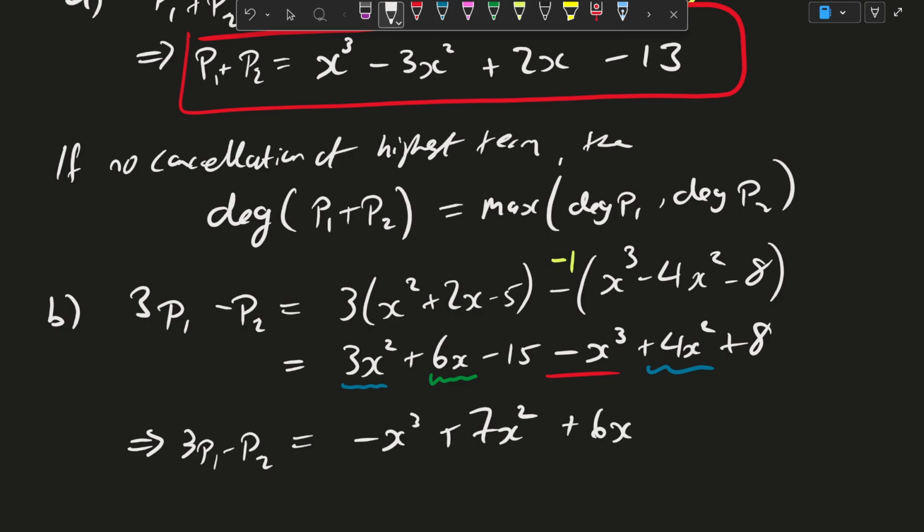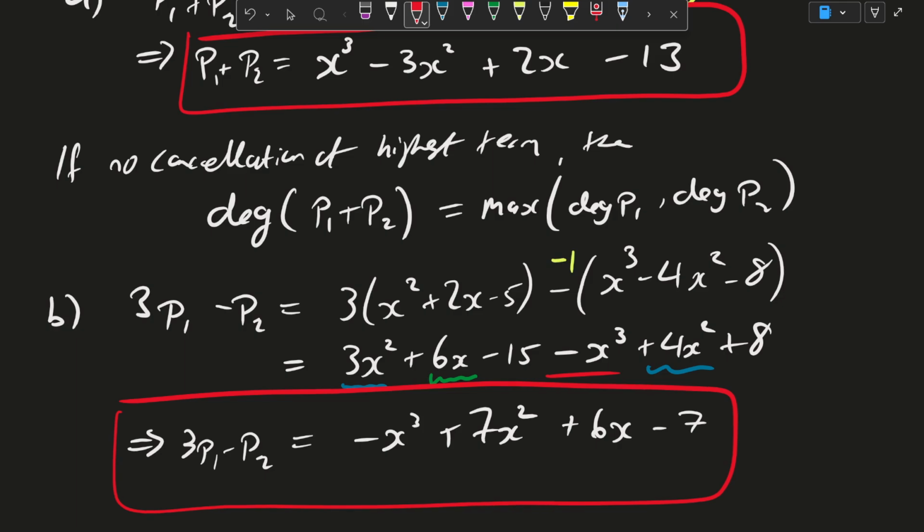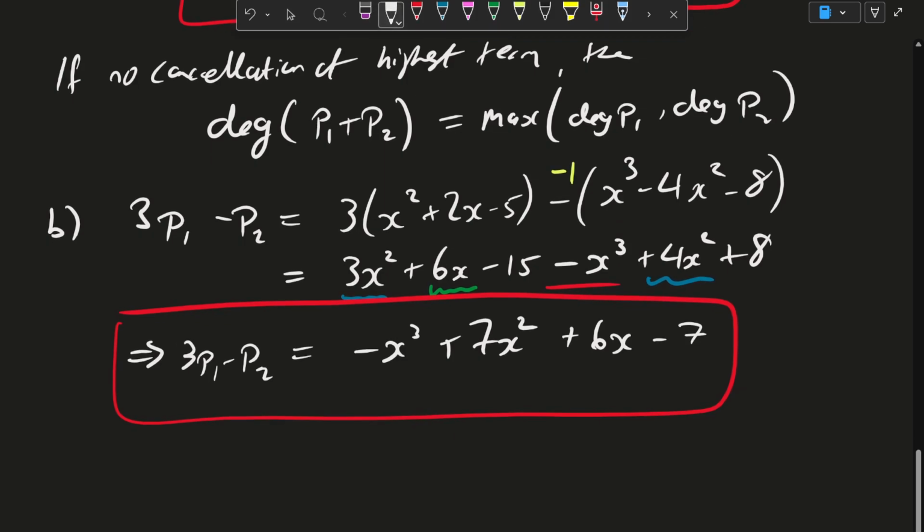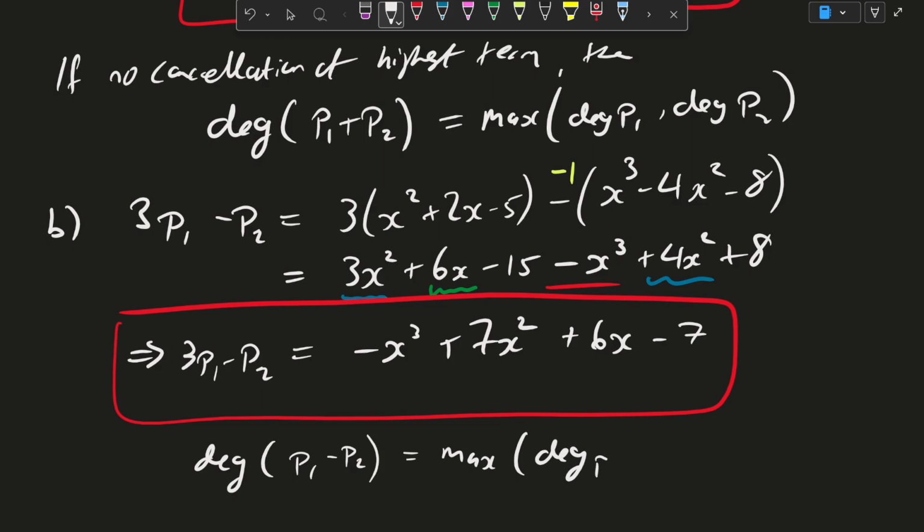And then 8 take away 15 gives us a minus 7. So that's the polynomial expression of 3p1 minus p2. And again, it's the same thing. The degree of even any scalar multiple of p1 minus p2 is still just the maximum value of the degree of p1 or the degree of p2, whichever one is naturally larger.